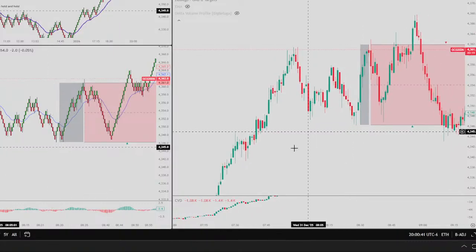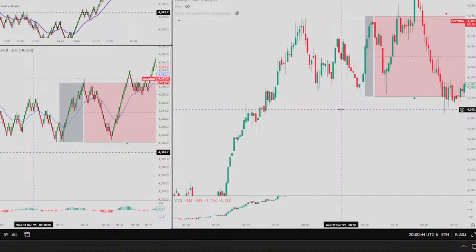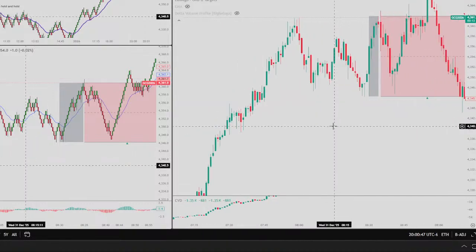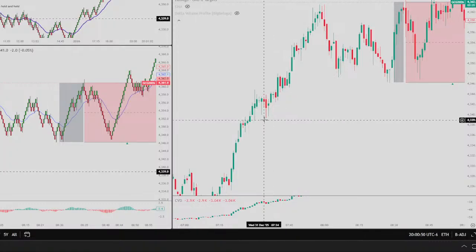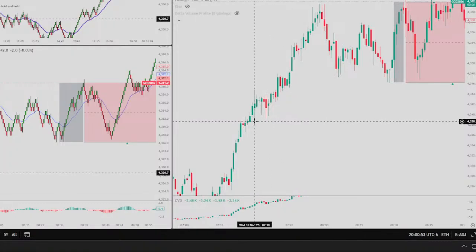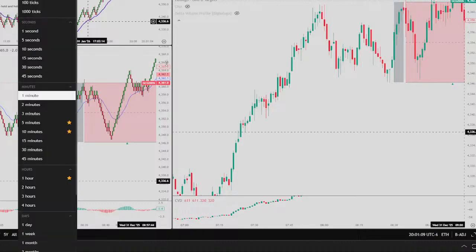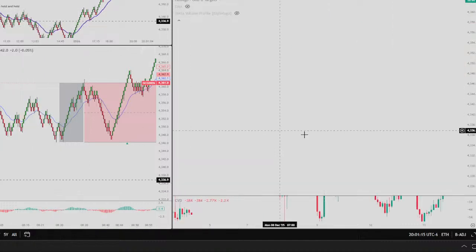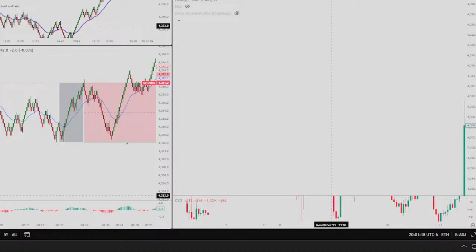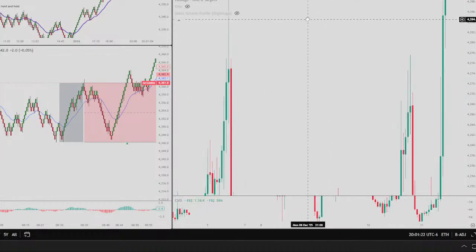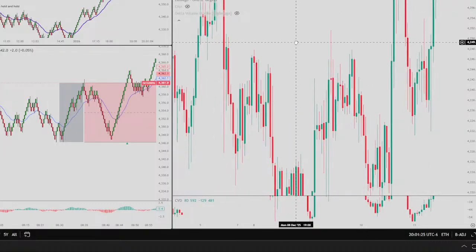So basically, not the strategy, but what we're looking for is direction. To make this easier, let's go to the 1 hour. Where did we go? What day is it?